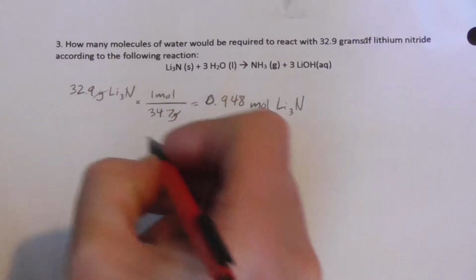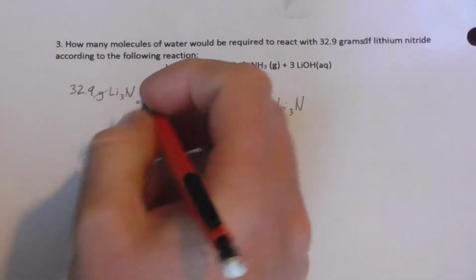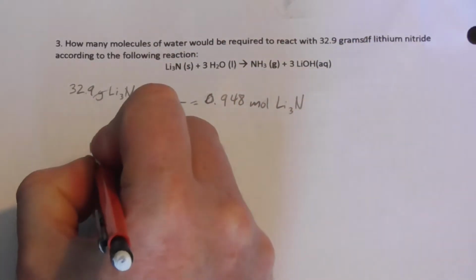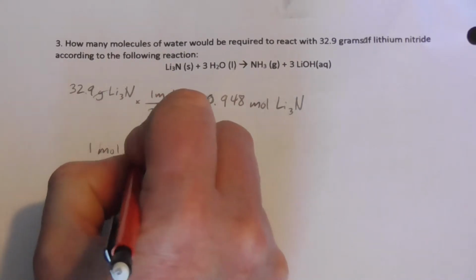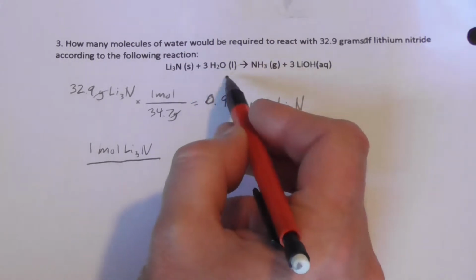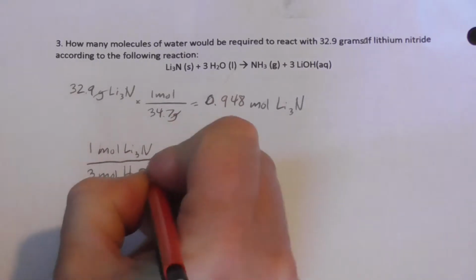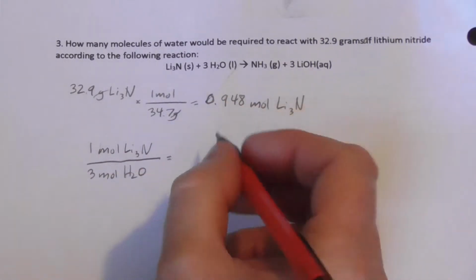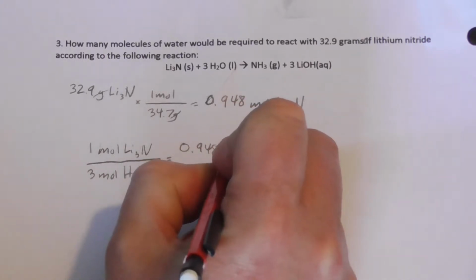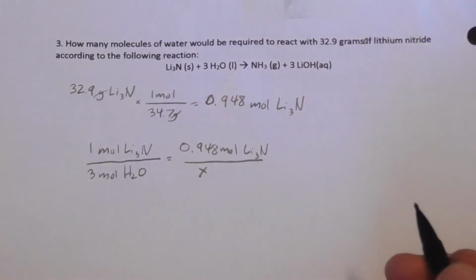So I can set up a cross multiplication where I have 1 mole of lithium nitride over, in this case I would be requiring 3 moles of water, would equal my moles of lithium nitride, which I know, over the moles of water, which I don't know.